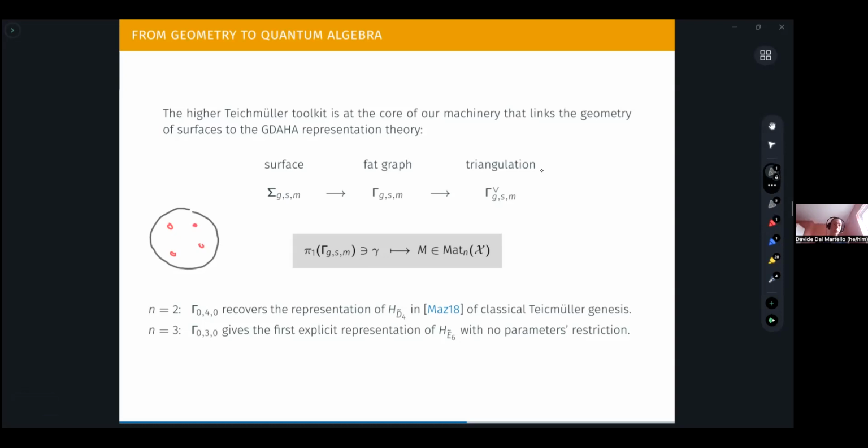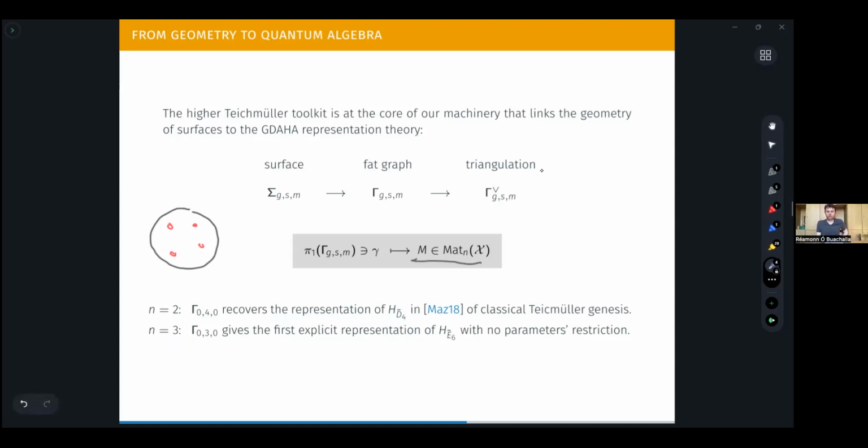And if you run this machinery, by taking an independent basis of paths, or better, of loops on the surface, and you construct these matrices, you do get some 1, 2, 3, and 4. Basically, you get one loop here, one loop here, one loop here, one loop here. You get 4 generators, and they indeed are the K1, K2, K3, K4 of Marta. So we're basically recovering that representation I mentioned was the starting inspiration for this construction.